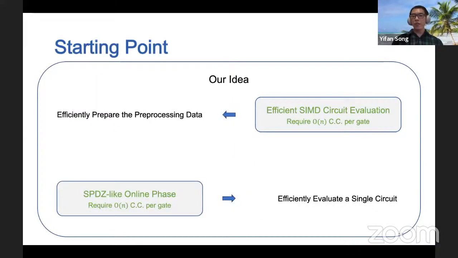Our idea is to use the protocol in CCXY18 to prepare the preprocessing data, which is used in an efficient SPDZ-like online protocol. Our reason for doing so is that usually the preprocessing data is much easier to prepare in a batch way, since we do not need to consider the circuit structure.